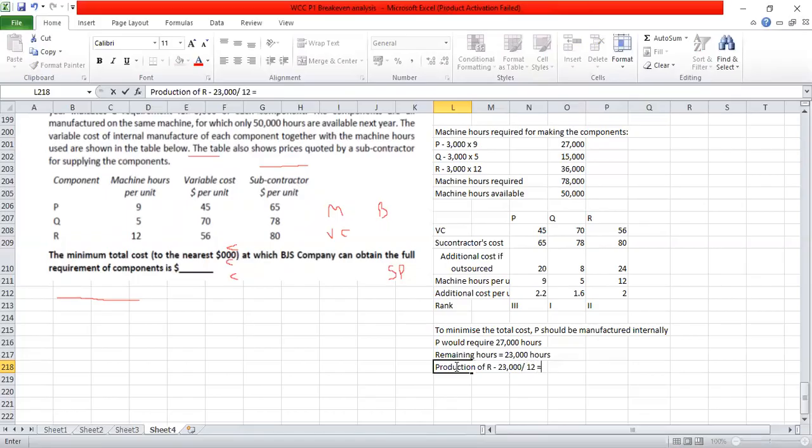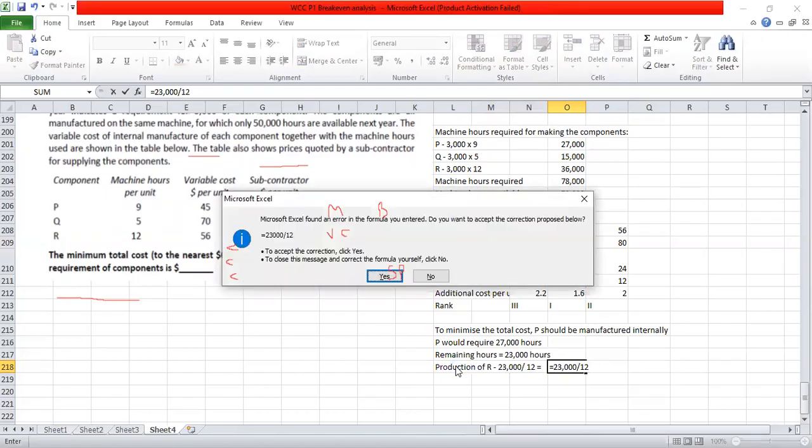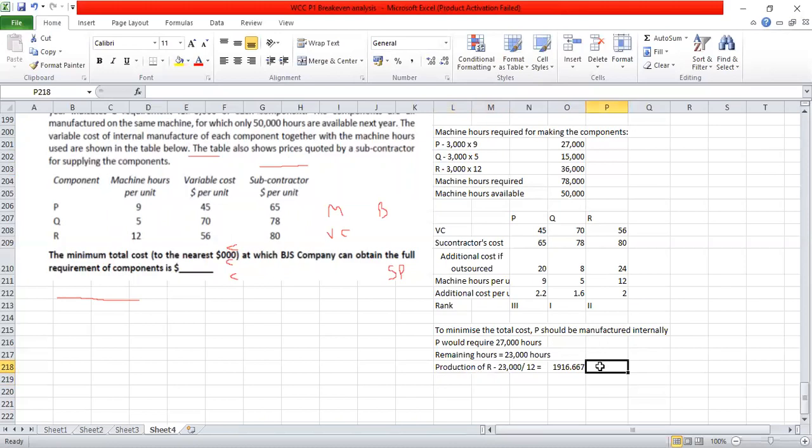So how many units can be manufactured? 1,917 units of R will be produced.